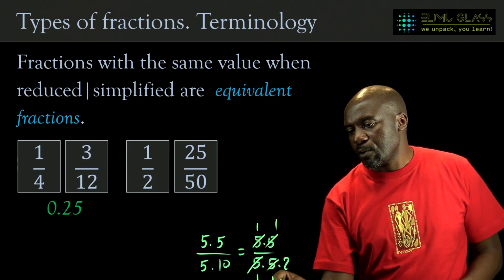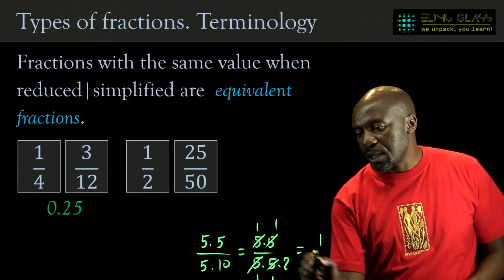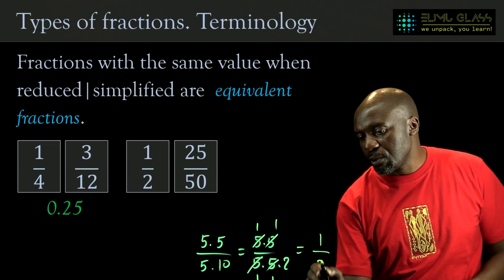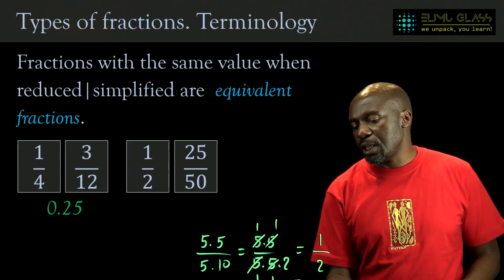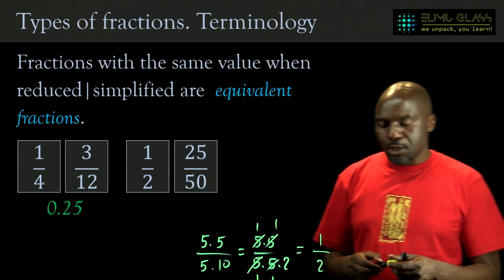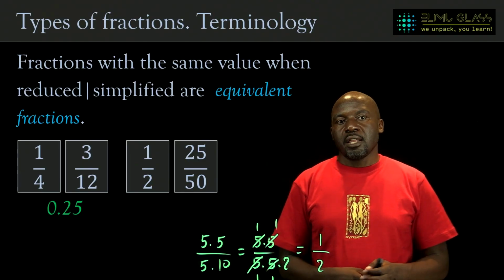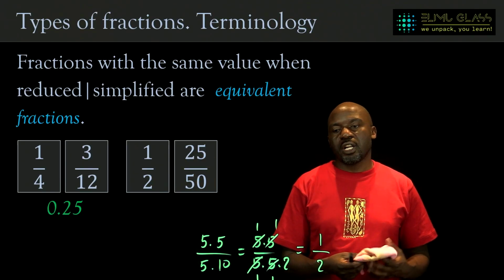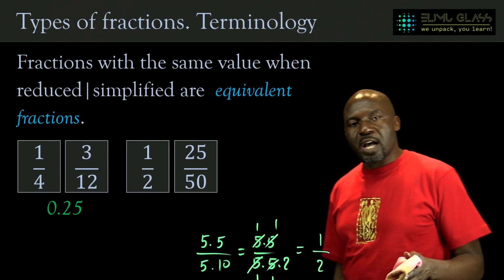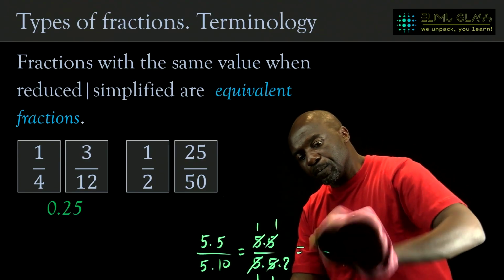This goes with that, 1 and 1. 1 times 1 is 1. 1 times 1 times 2 is 2. And so we have reduced 25 out of 50 to 1 over 2. So that process shows us that a half is the same as 25 out of 50, or is equivalent to 25 out of 50, like that.